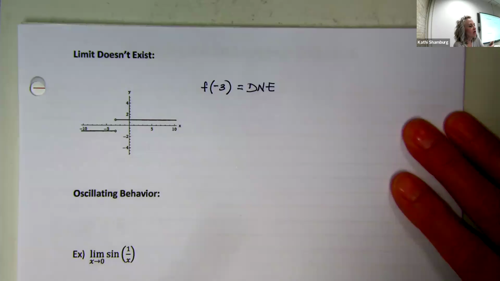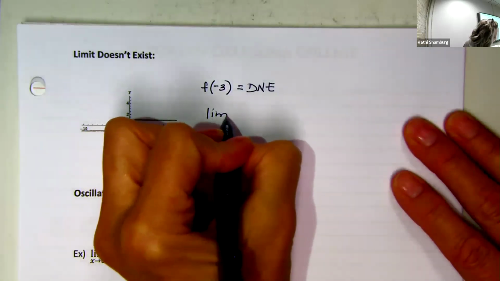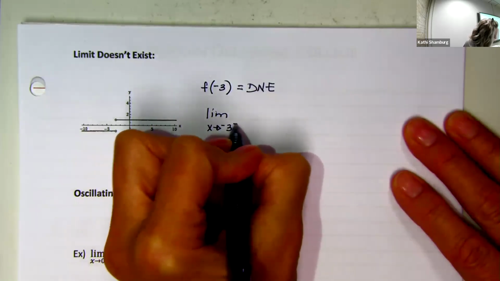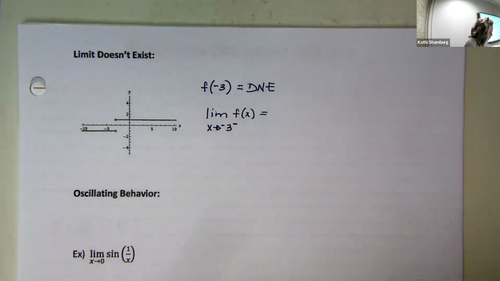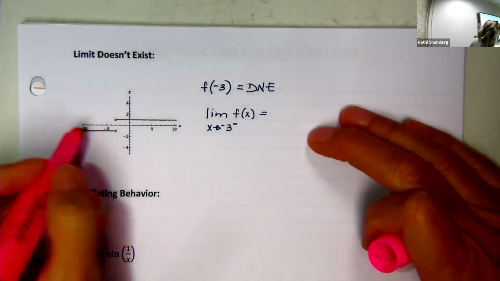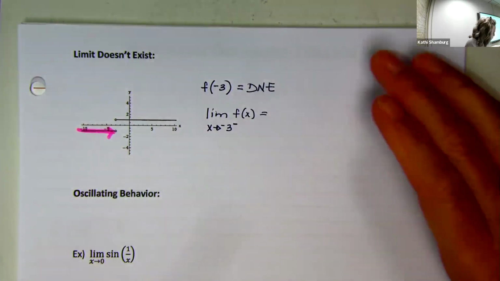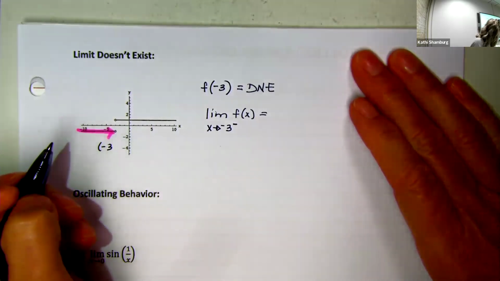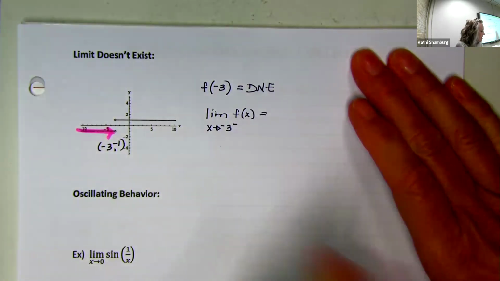Then if we start having the conversation about limits, if I ask the limit as X approaches -3 from the left, be careful, from the left. What is that point, open circle point? -3, -1, it appears. So what would this answer be?